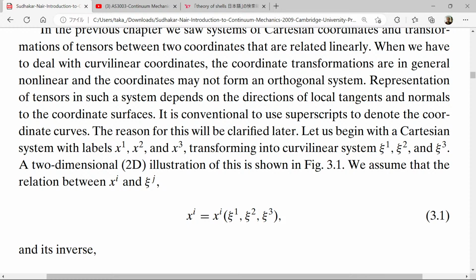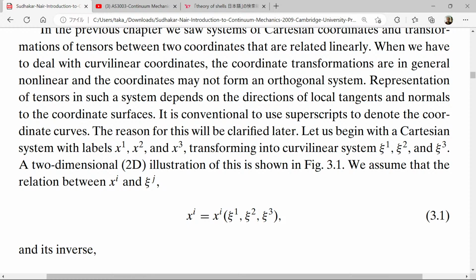Representation of tensors in such a system depends on the direction of local tangents and normals to the coordinate surfaces. It is conventional to use superscripts to denote the coordinate curves. The reason for this will be clarified later.